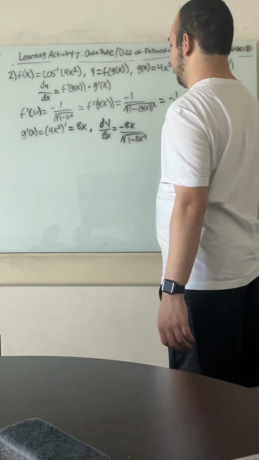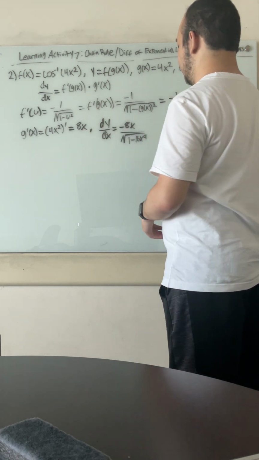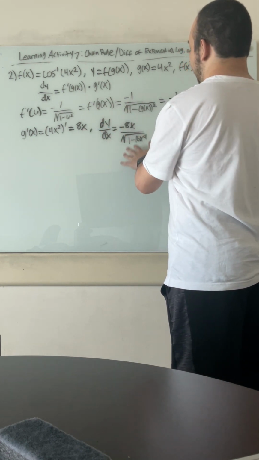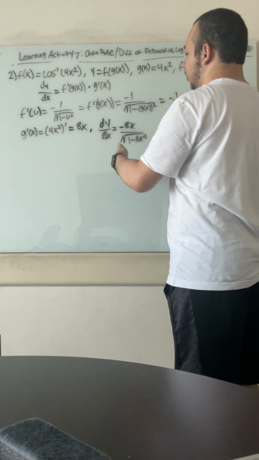Now, I'm sure you're wondering how I figured this out. So dy dx is equal to negative 8x over the square root of 1 minus 16x to the 4th power.